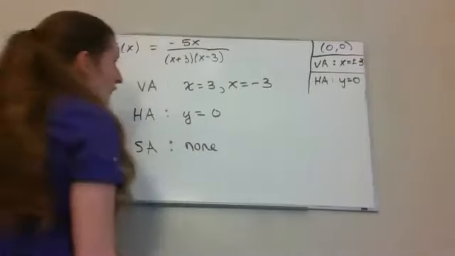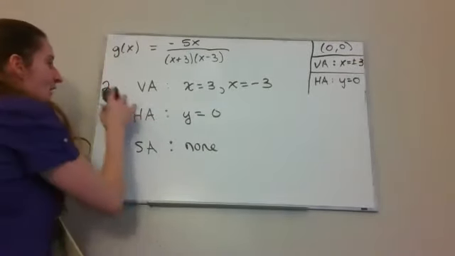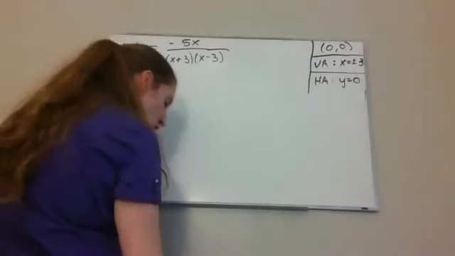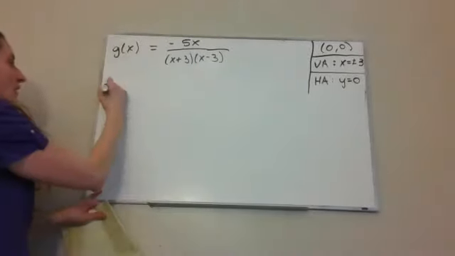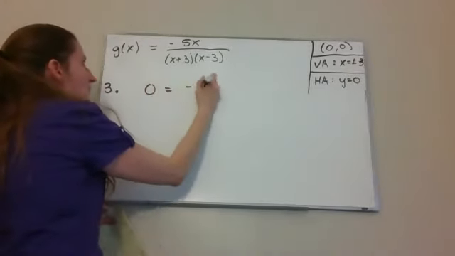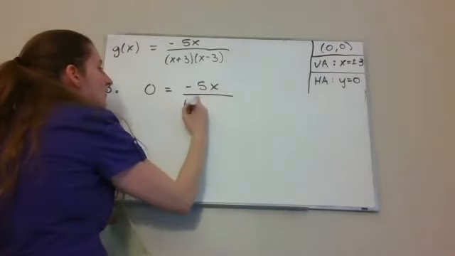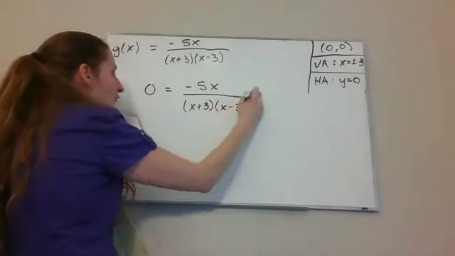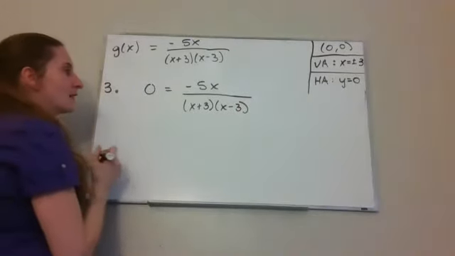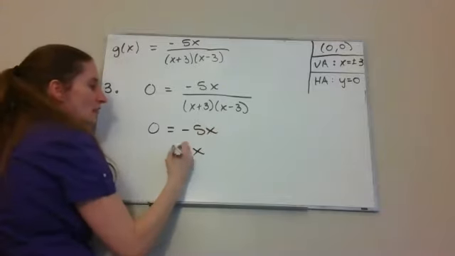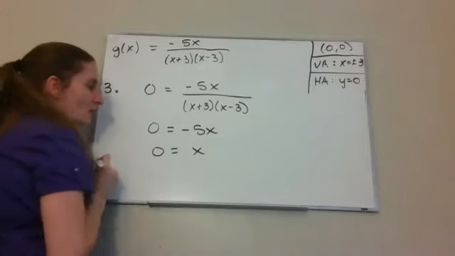So now, step 3, I have to find any point where my function crosses my horizontal asymptote. My horizontal asymptote is 0. And if I try to solve where my function equals this asymptote, you multiply by the denominator, and you end up getting x equals 0.